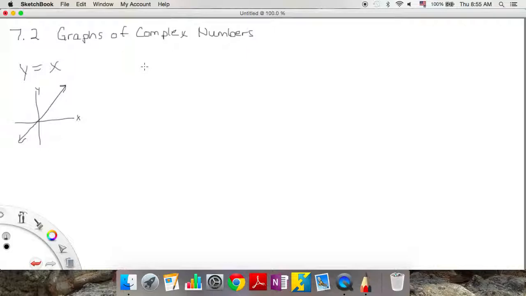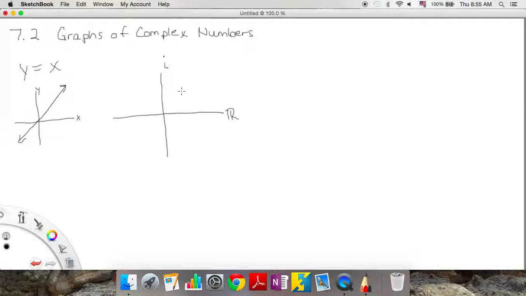We can also take complex numbers and graph them. Now for complex numbers, instead of using the Cartesian plane like we use with x and y, we use a complex plane where the real part is on the horizontal axis and the imaginary part is on the vertical axis.